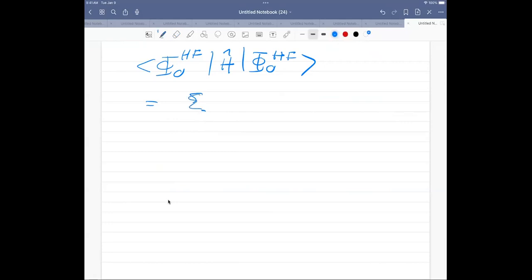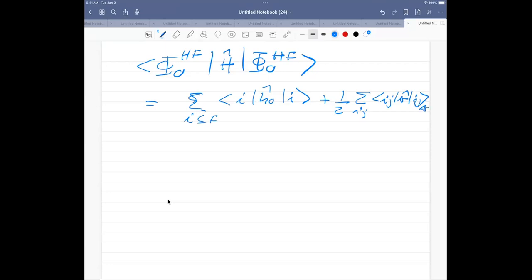So I'm going to rewrite this one in terms of sum over i less than F, and now I'm going to have an i of H0 of i, plus 1/2 the sum over ij, and then ij V of ij anti-symmetrized.